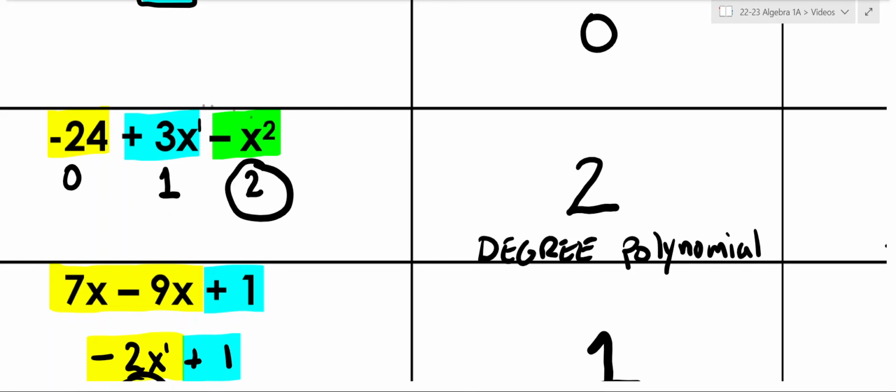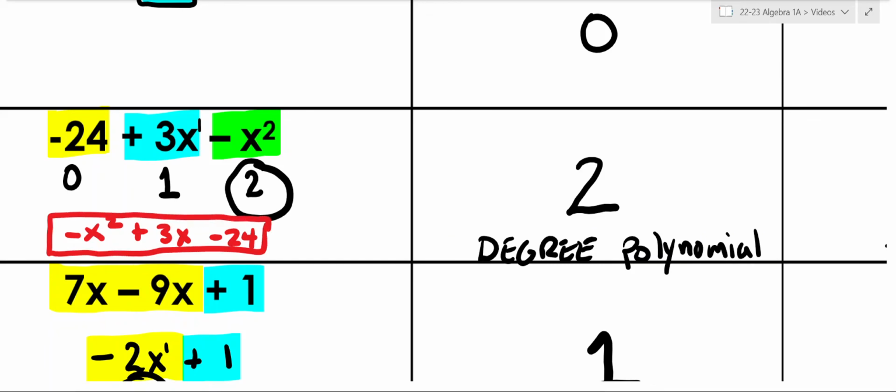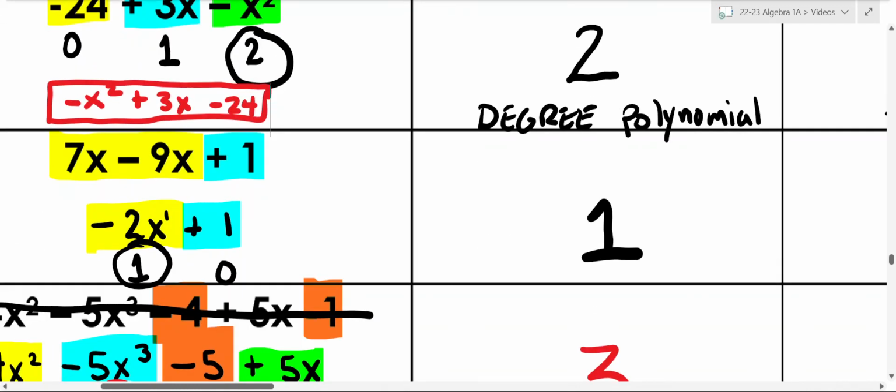So the negative x squared is going to go first, right? Then the plus 3x, and then the minus 24. Now this is in standard form. So it's a quadratic trinomial.